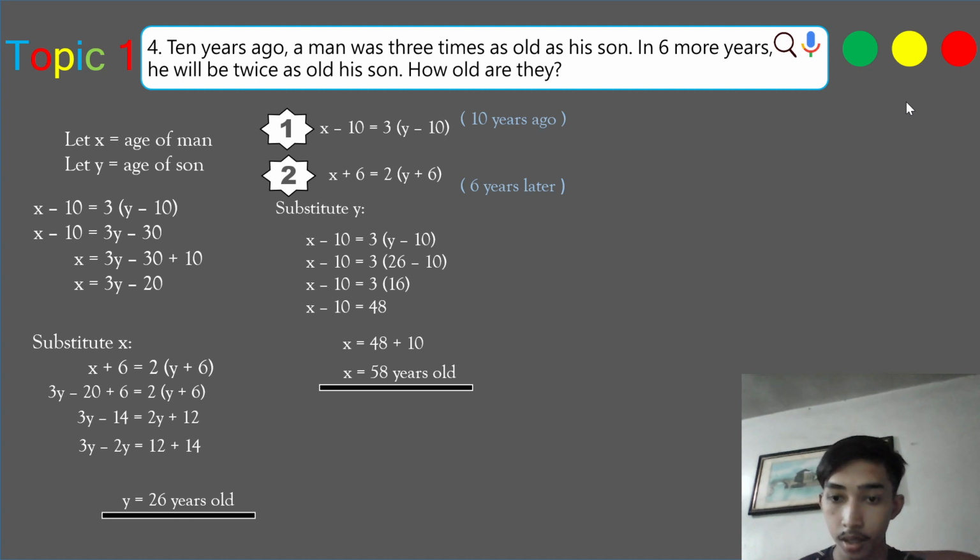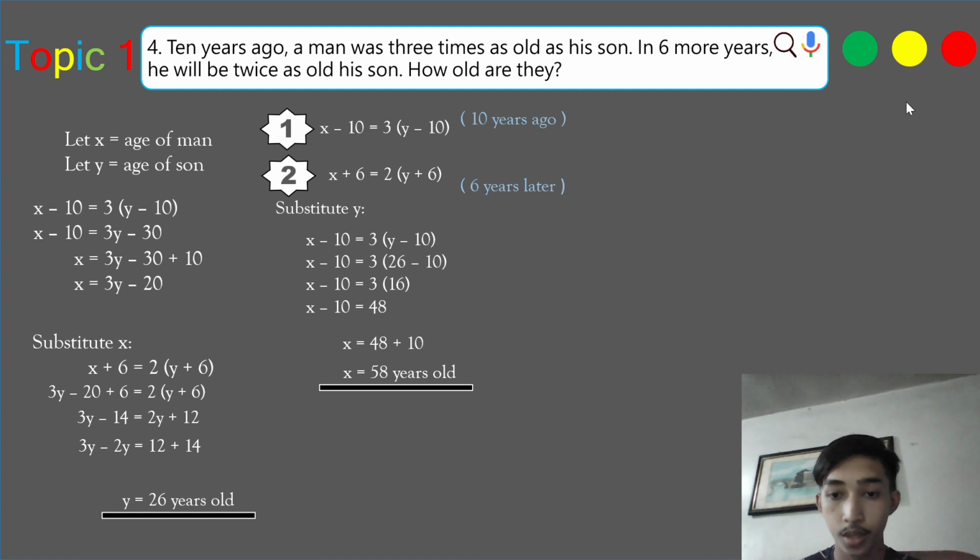Then we have x minus 10 is equal to 3 times 16, because 26 minus 10 is equal to 16. So we have x minus 10 is equal to 48, because 3 times 16 is equal to 48.